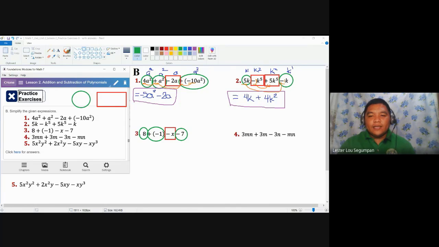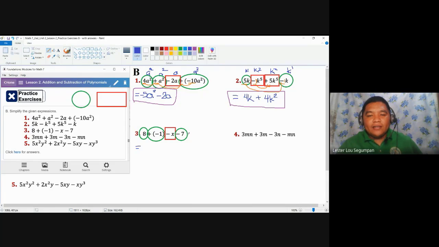The next is for us to determine which items can be added and which cannot be. As you can see, there are multiple green circular figures here, so we can combine them into one. This will become 8 plus negative 1 is 7. Again, 8 plus negative 1 is 7.